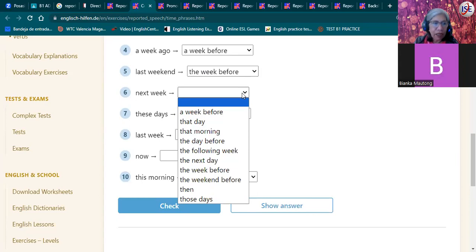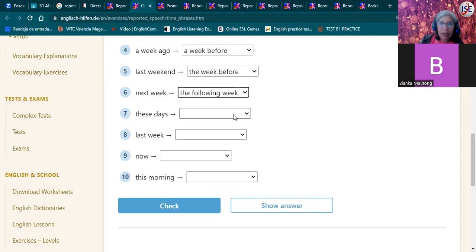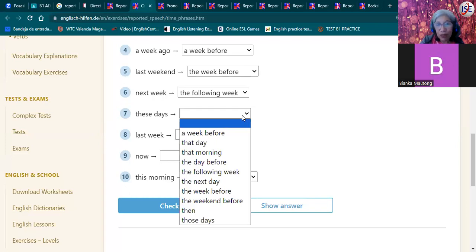Which of those expressions indicates the week that comes in the future? We're talking about the week in the future. The following week. These days. Which one refers to days? Those days.